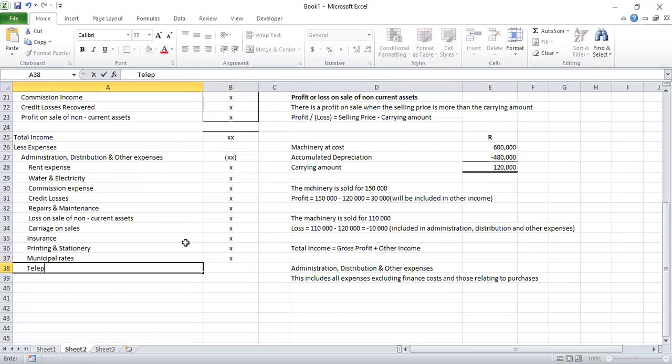Telephone expenses. Packaging costs. Packaging material.